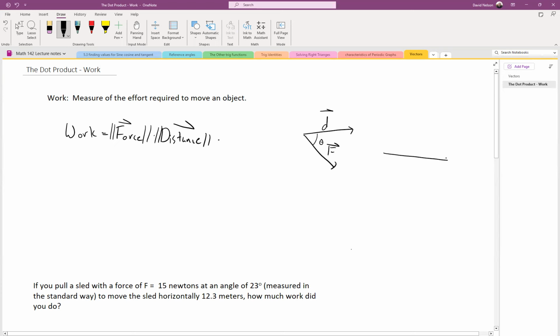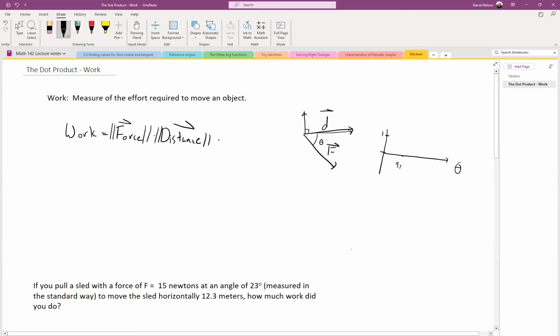If you're trying to move an object, what we want to look at is something that, if you look at different values of theta, is maybe best when the angle is 0 degrees, right? The smartest thing to do is to pull in the same direction that you want your object to move. And sort of the worst thing to do would be to pull at a perpendicular angle.